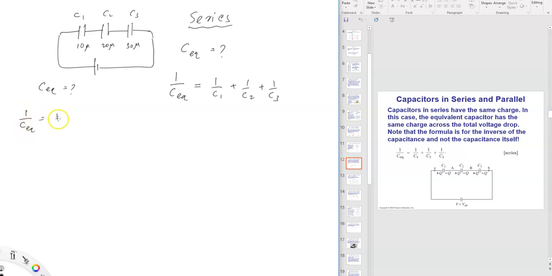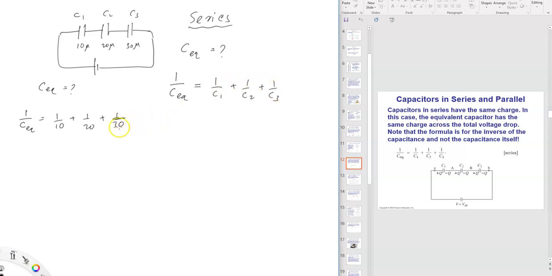So we write it as 1 over 10, plus 1 over 20, plus 1 over 30. Since everything's in microfarads, you don't need to worry about 10 to the negative 6. You can add them as microfarads and later, once you have the final answer, convert it back to farads if you want to. But let's do it this way.